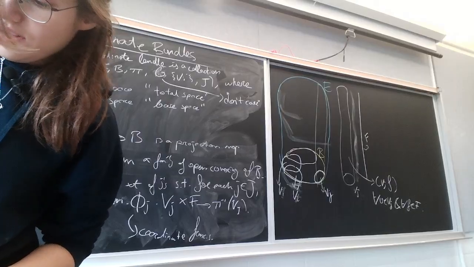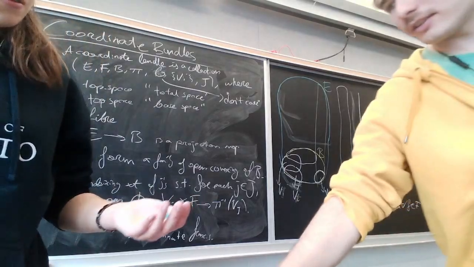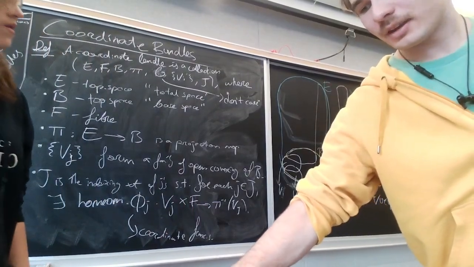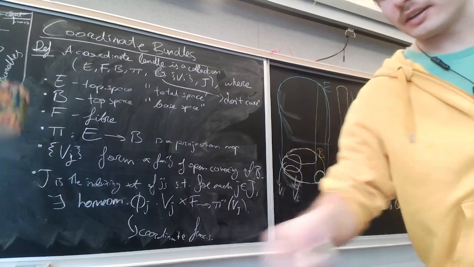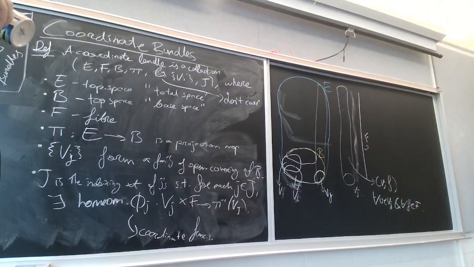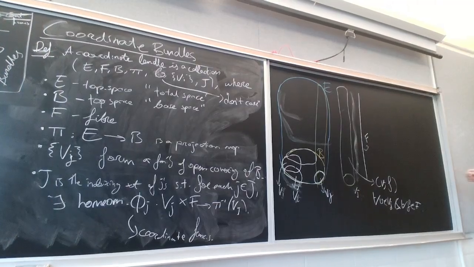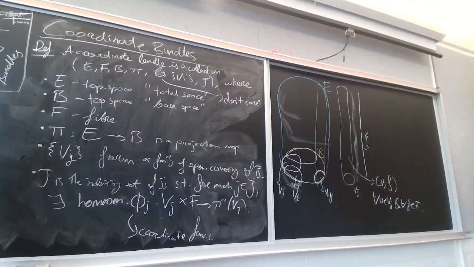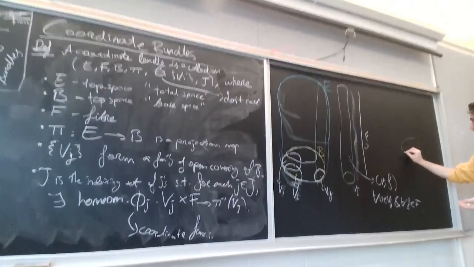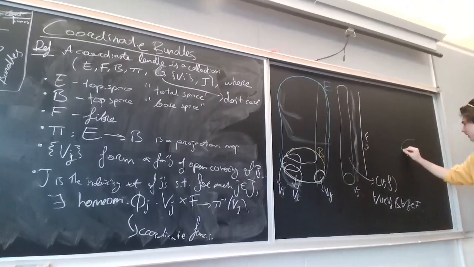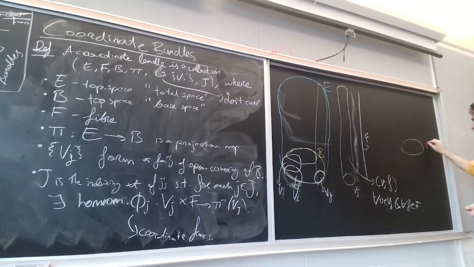I want to draw the same picture, but slightly different. And I'll say words that you're probably going to say later, but kind of, what is the idea? I'll allude to what we've talked about before with Bloch's theorem and all of these things. So we have our base space B, which is hopefully some kind of manifold, so I can put coordinates onto it.